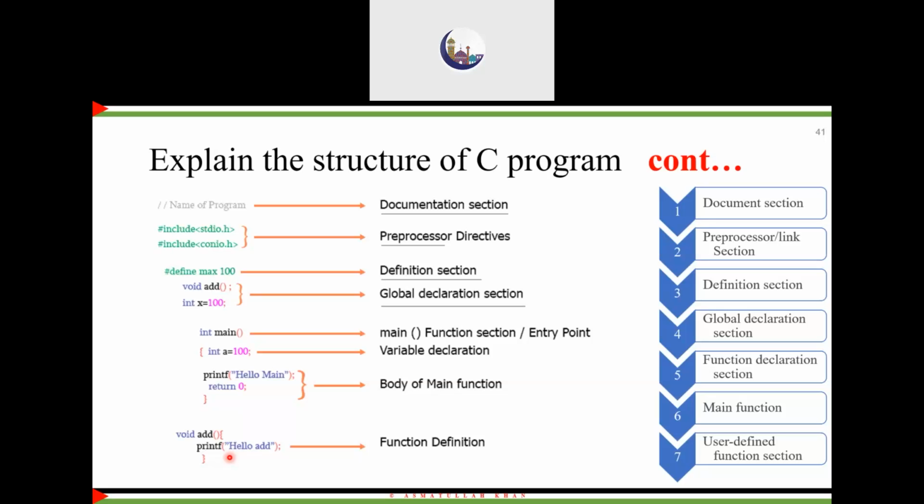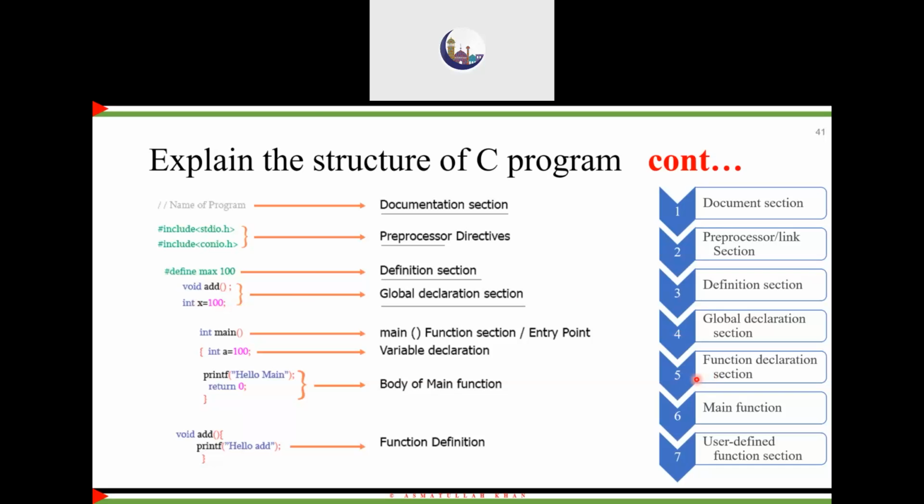Clear? So basically, in the structure of your C program, there are 7 parts. First one is the documentation section. Second is the preprocessor or link section. Third one is the definition section. Fourth one is the global declaration section.